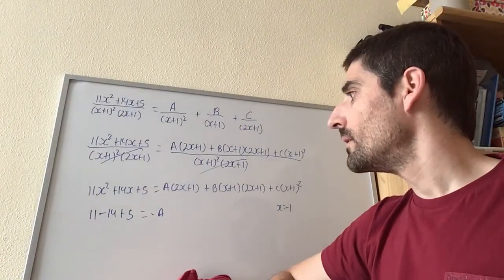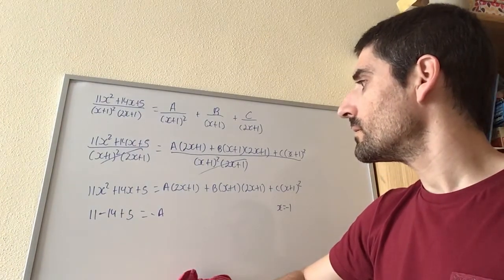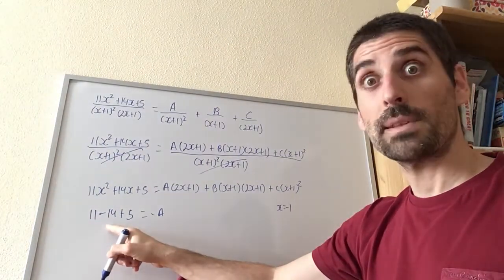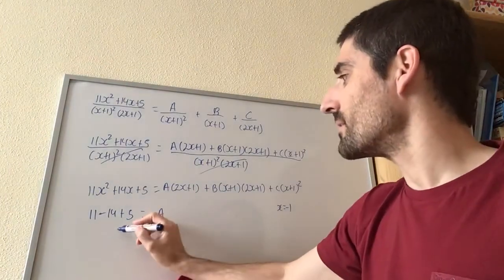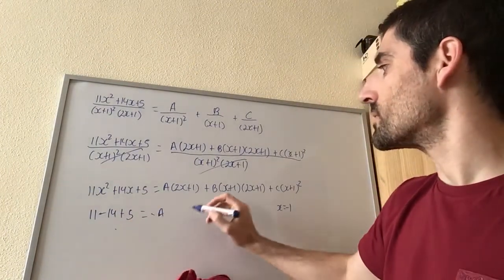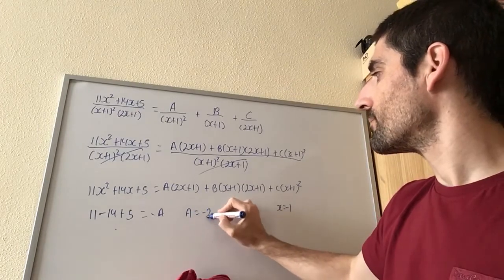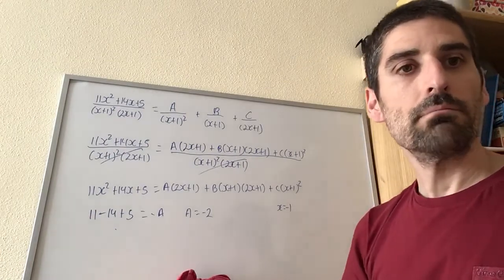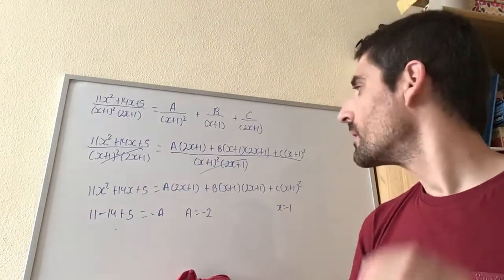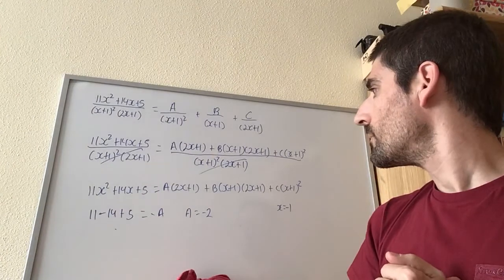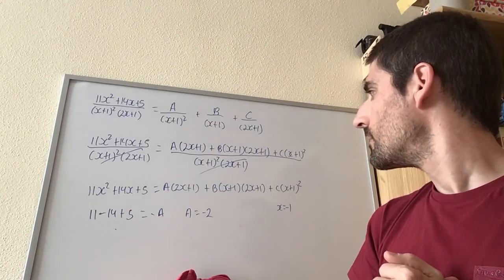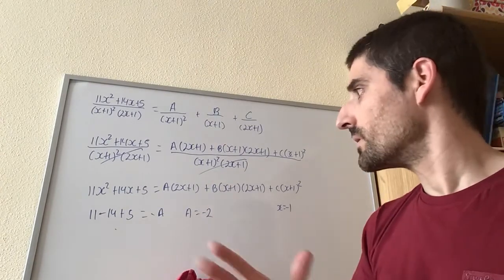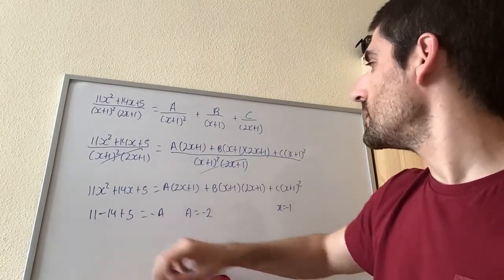Therefore, what do I get? 11 minus 14 is, mental math quickly, minus 3 plus 5 is 2, equals minus a, so a is minus 2. Right, let's just continue and see what happens. So a is minus 2.